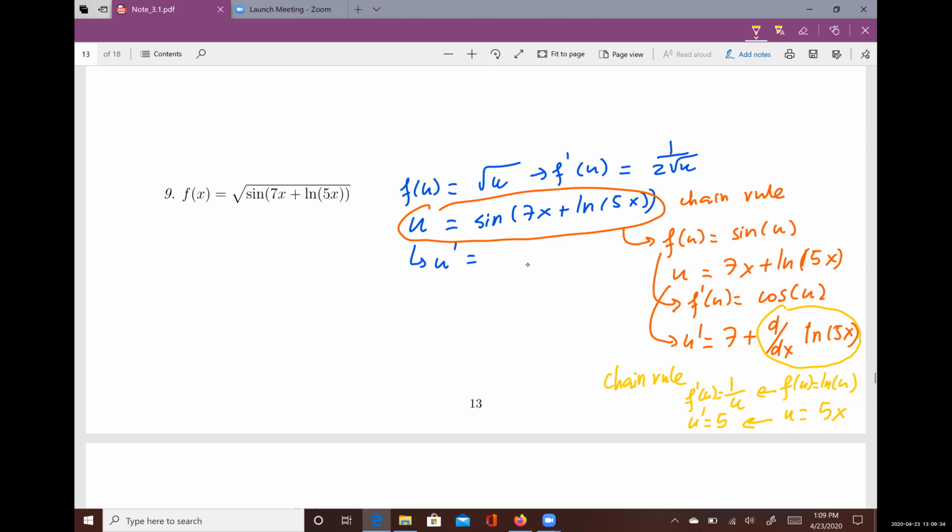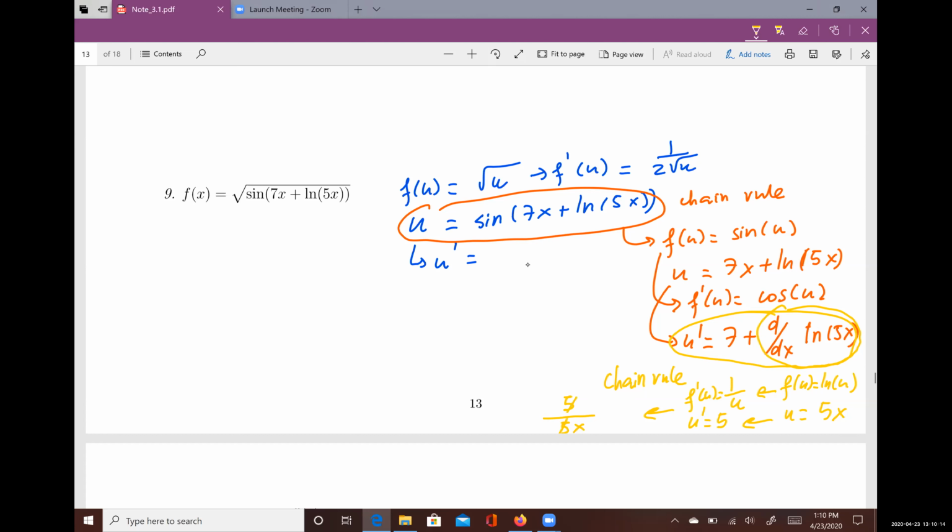All right, so if you look at this u prime, it equals 7 plus the derivative of natural log of 5x. The derivative of natural log of 5x is going to be u prime, which is 5, times 1 over u, and u is 5x.